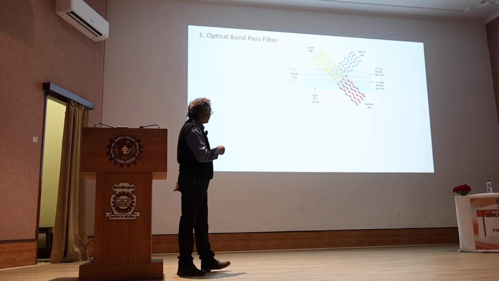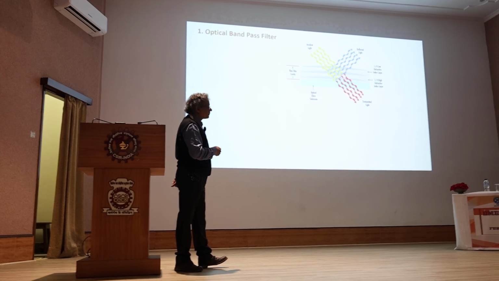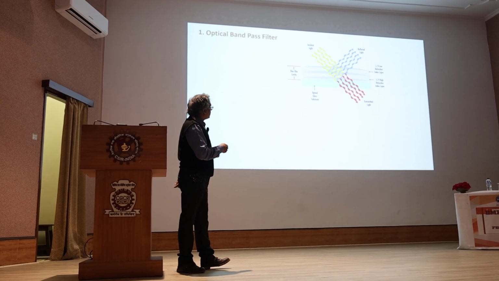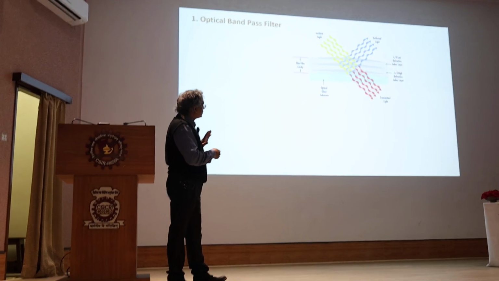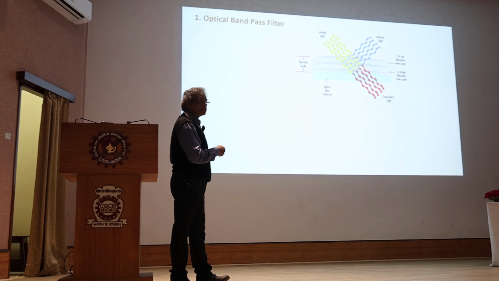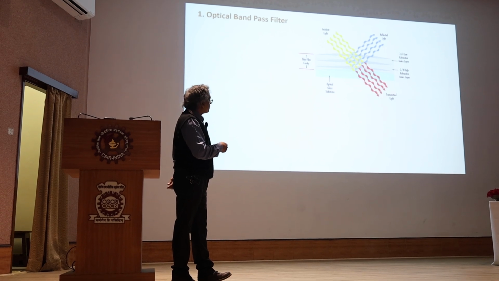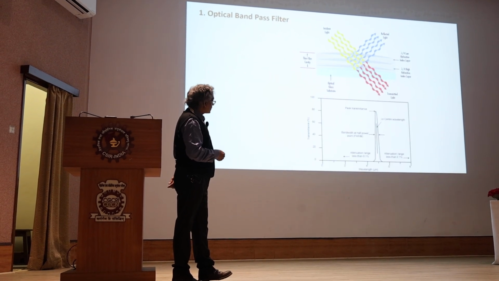Means when a band of wavelength is cast on this particular device, a particular band gets reflected, and a particular band, depending on the design of this structure, which we call the stack, actually permits this operation to perform.